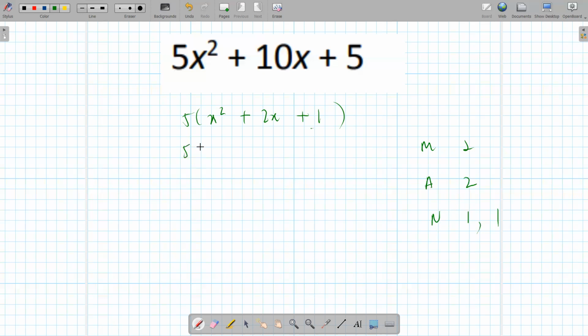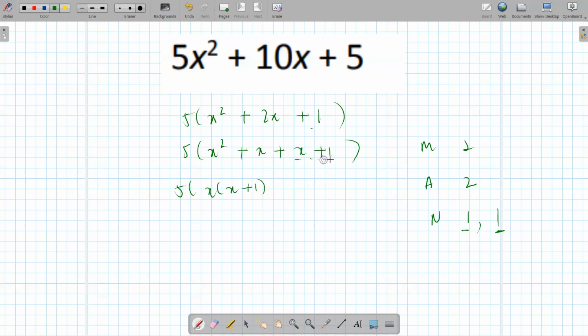So we're going to leave the 5 on the outside, and we're going to rewrite this as x squared plus x, or 1x, plus another x, and then plus 1. And then from the first 2, we can pull out an x. We're left with x plus 1.